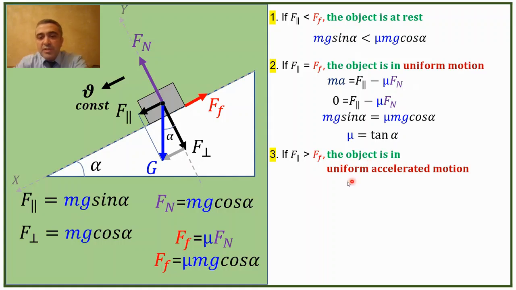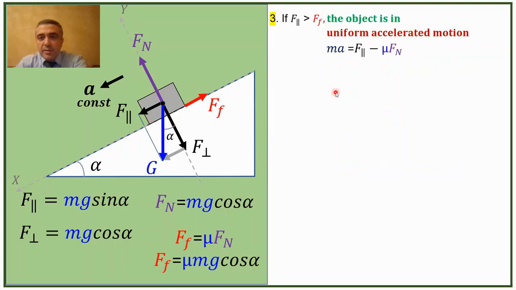The object is in uniformly accelerated motion, and if we apply the second law to this situation, as we have done before, this equation becomes: ma equals mg sine alpha minus mu mg cos alpha, because for the normal force we have found mg cos alpha, and for the force parallel we have found mg sine alpha.